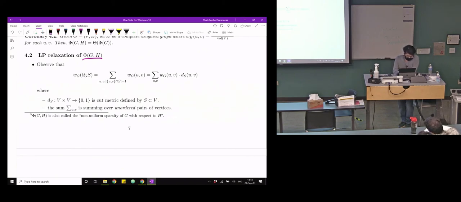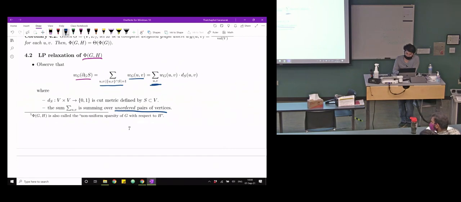This thing is this cut. This is just a cut size, okay, and it's just a sum. You're summing up over all things that cross the cut, which you can write in this way too, summing up over all unordered pairs of vertices.